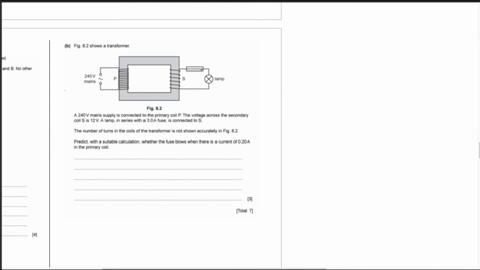So when the current received by the fuse is greater, the phenomenon is called short circuit, right? Short circuit is actually when the current doesn't reach the electrical device and goes back straight away to the source.